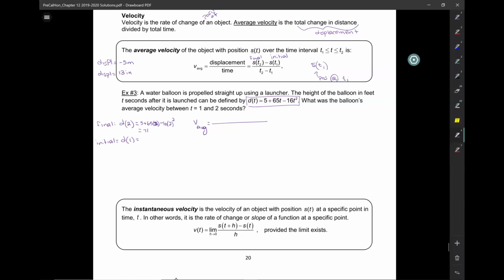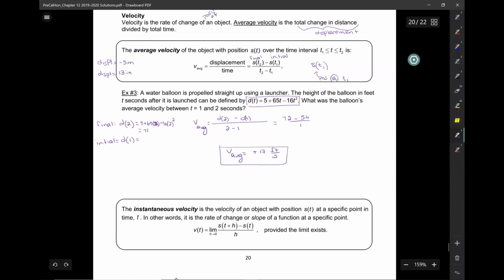Okay, so V average, if we continue, is D2 minus D1 all over 2 minus 1. This is 72 minus D1, which is 54, over 1. So V average is positive 17 feet per second.